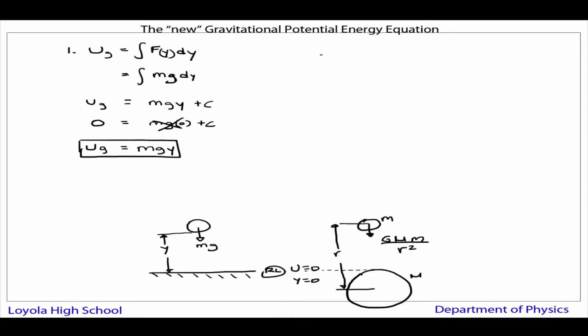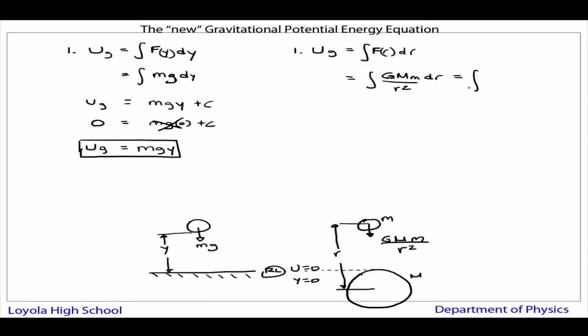Using the same logic, the potential energy is equal to the integral of, since r is the variable we're dealing with, F of r dr, which is equal to big G M m over r squared dr. To make it a little easier to integrate, I'm going to move the r squared up.